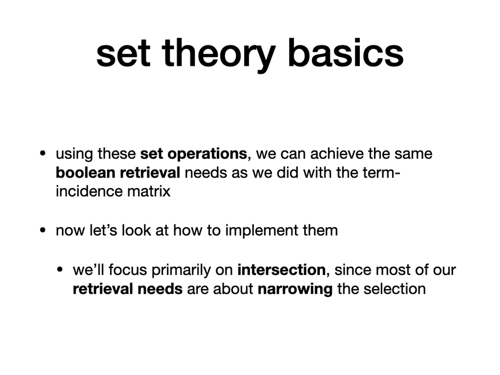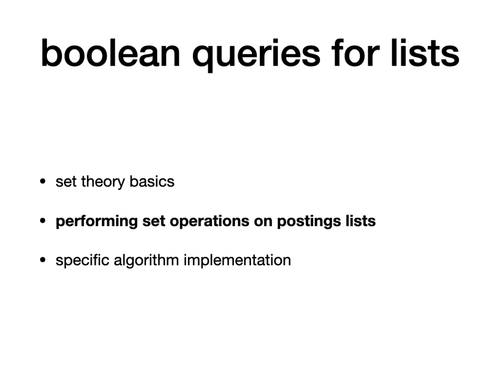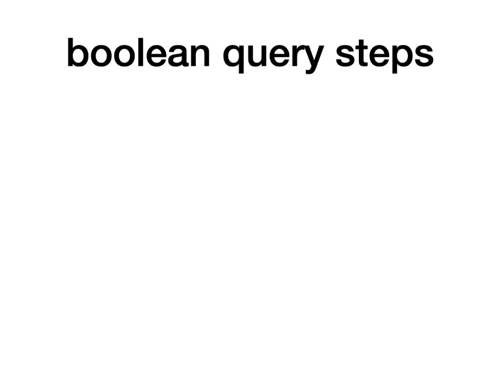Mostly we'll focus on intersection since, again, a lot of search is narrowing down. Less of it is about expanding. So how do we perform some set operations on postings lists, right? We are pulling down these lists and we're going to filter them to say which items exist in both lists for these two terms.